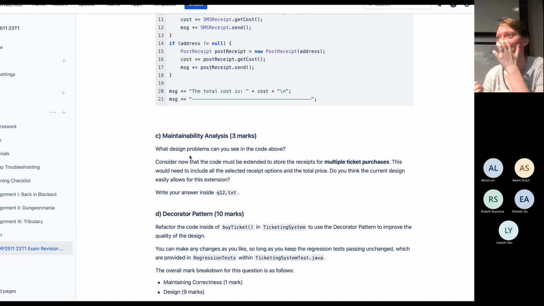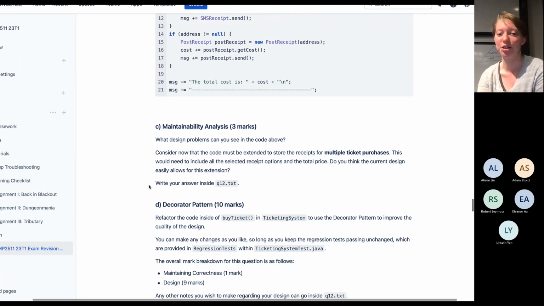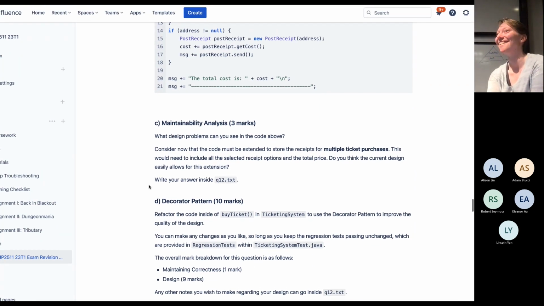So make both of our lives easier by just writing the key points of the question. Honestly, dot points are great. When I see someone's written something in dot points and I'm marking a question, I'm like, thank you. This is a coding course, not a can-I-write-an-English-essay course.